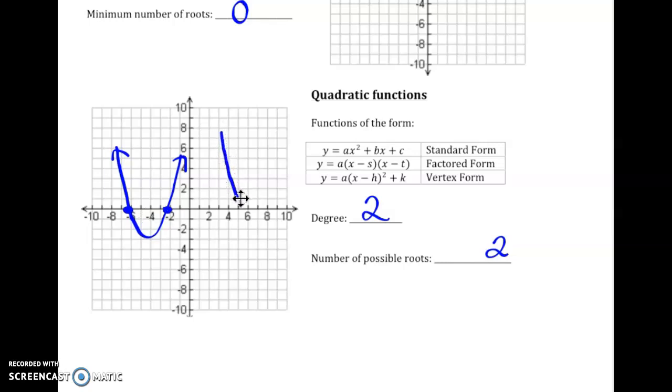Okay, we can have a parabola that sits on the x-axis, so it only crosses it once. So 1 is a possibility. And then we can also have a parabola that starts either below or above the x-axis and only goes up or down. So we do also have the possibility of having no roots. Okay, so a quadratic function can have 0, 1, or 2 roots. So in other words, from 0 all the way up to the degree, which is the maximum.